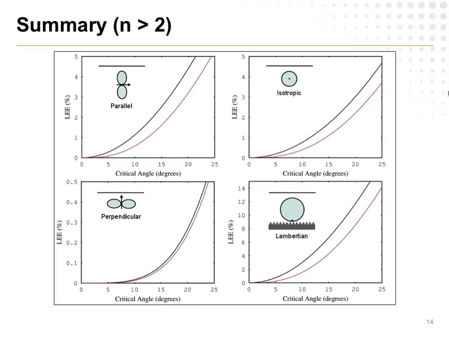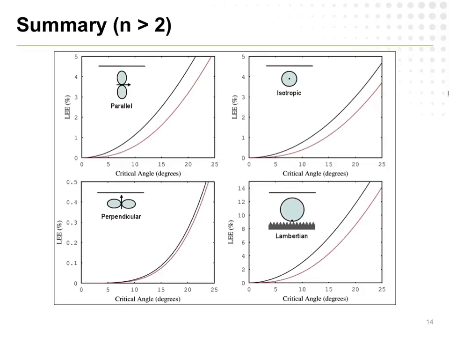So this is just kind of a zoom in of all the curves that matter. So you find critical angle, I'm only going from 0 to 25 instead of all the way to 90. And you're zooming in, typically around 15 degrees. Okay, if I have Lambertian scattering at the back, I can get about 4 or 5%. If they're all oriented in the wrong direction, the perpendicular, you notice I get like less than 1/10% of light extraction.